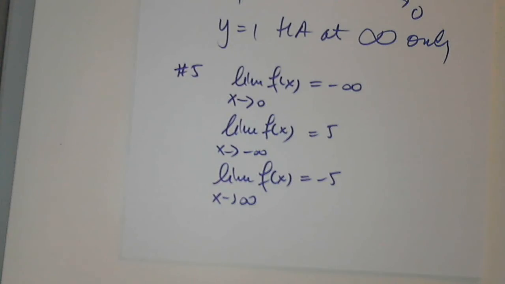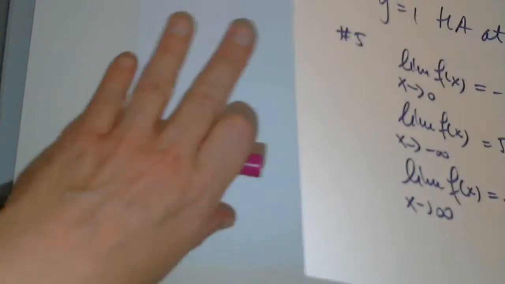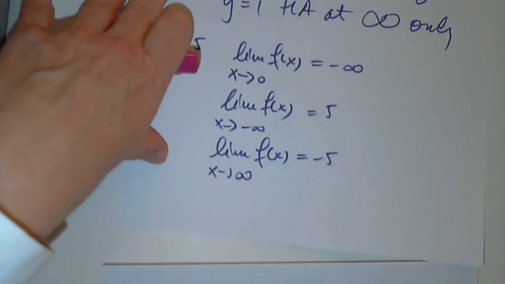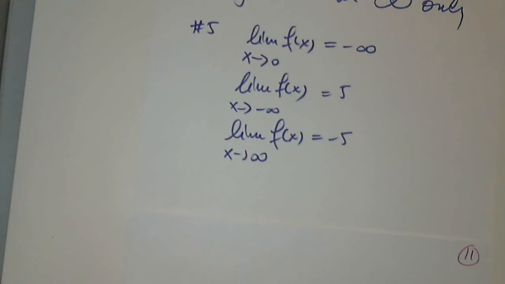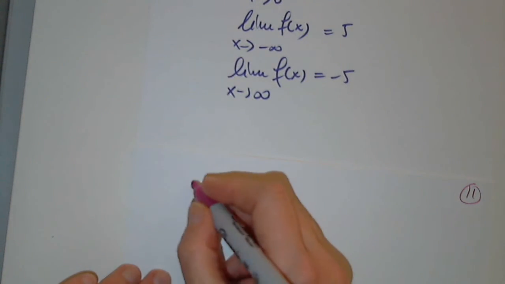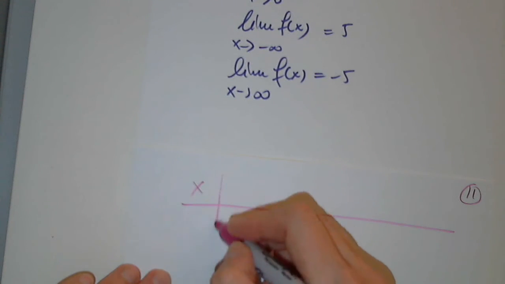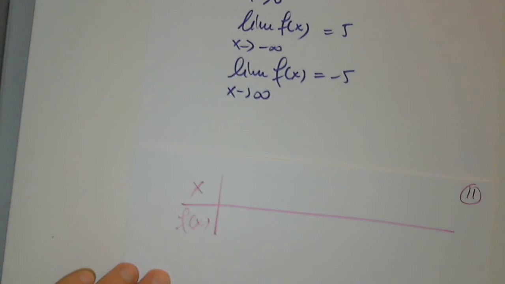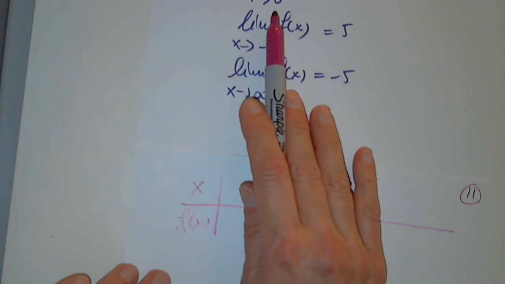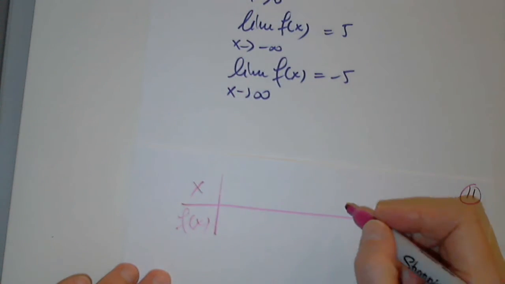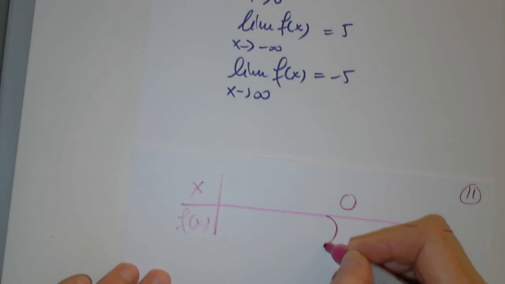Okay. I'm going to summarize this information in a table. If you don't like this table, just invent your own, but summarize it somehow. We're told that the limit from either side of 0 is -infinity. Here is 0.